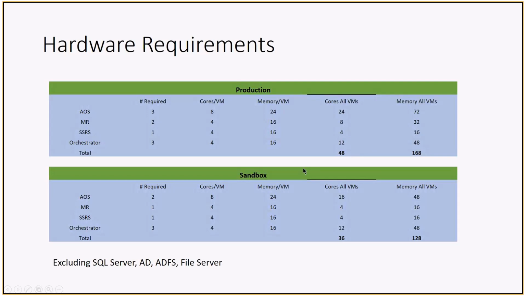This doesn't include the sizing for your SQL Server, Active Directory, ADFS, and file share virtual machines or servers that you will be running. But hopefully some of these are already part of the customer's infrastructure that you can re-leverage. So that's a high level of the minimum sizing requirements for the environment.